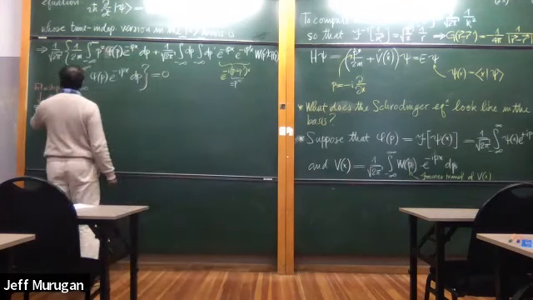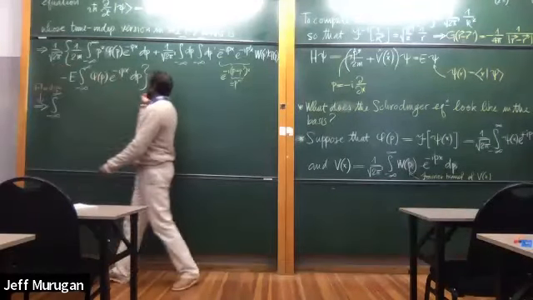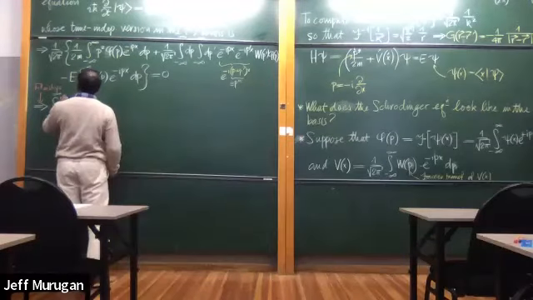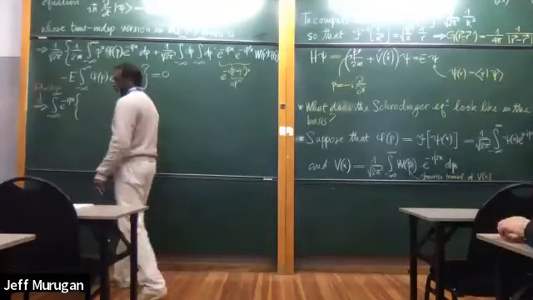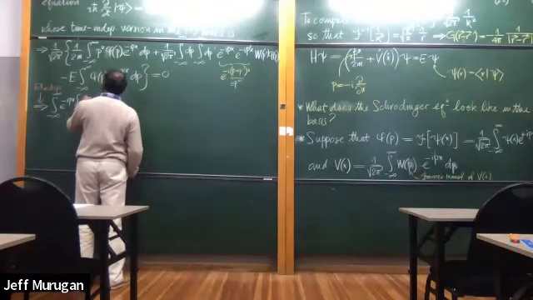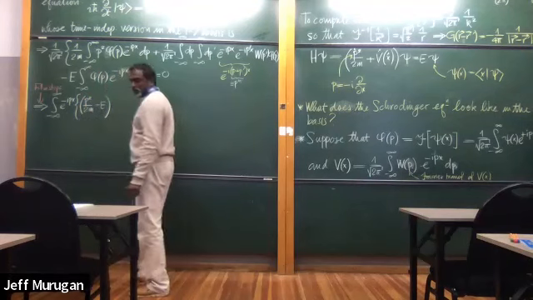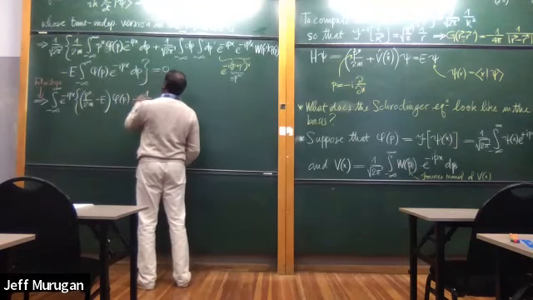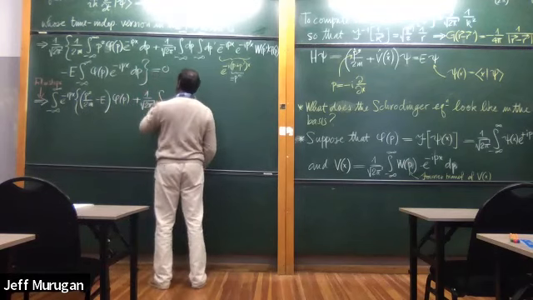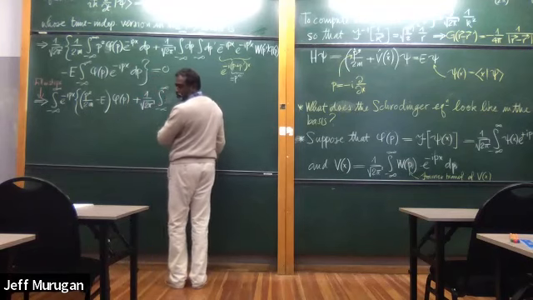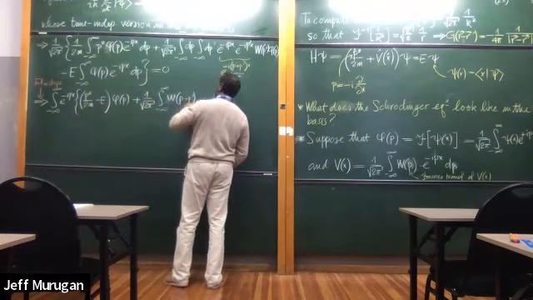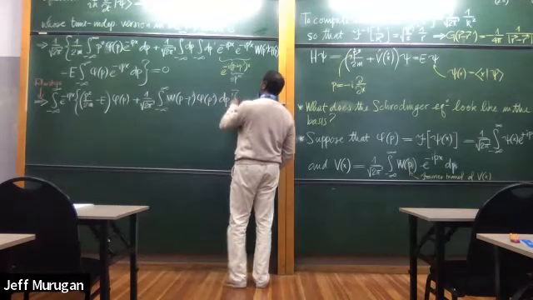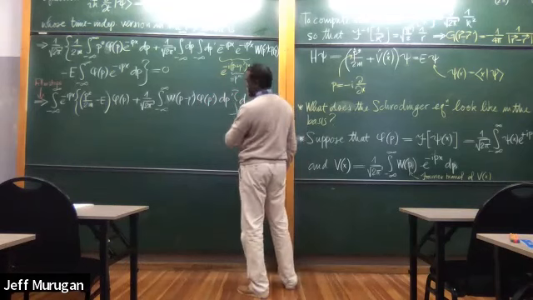Then I find that the integral from minus infinity, dropping this factor of 1 over 2 pi, of e to the minus i p x of {p squared over 2m minus e times phi of p plus 1 over the square root of 2 pi times the integral of w of p minus p prime phi of p prime dp prime} dp, with respect to p.